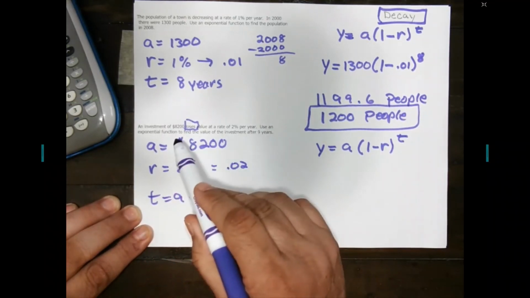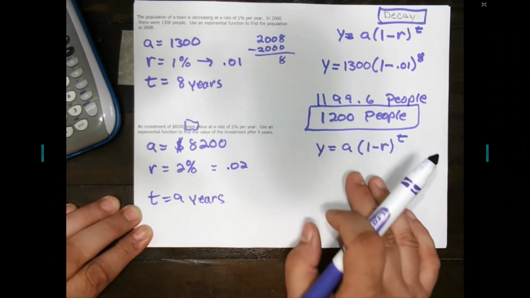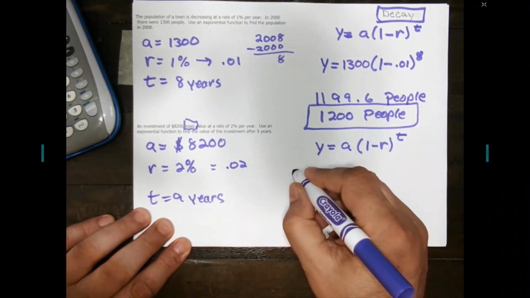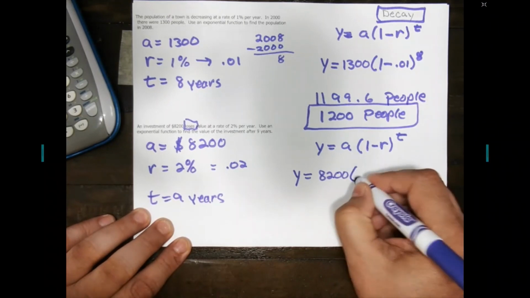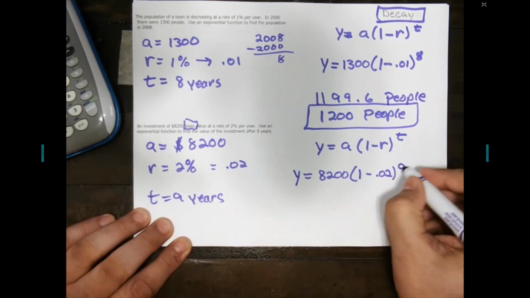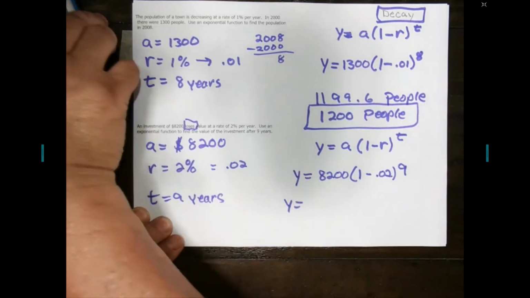It says use an exponential function, which is what we're doing, to find the value of the investment after 9 years. So I take my values and substitute them in. Y equals 8,200 times 1 minus 0.02 to the 9 years. This is money.